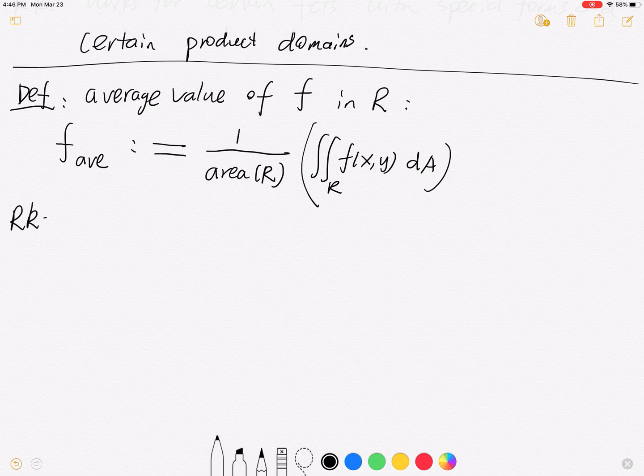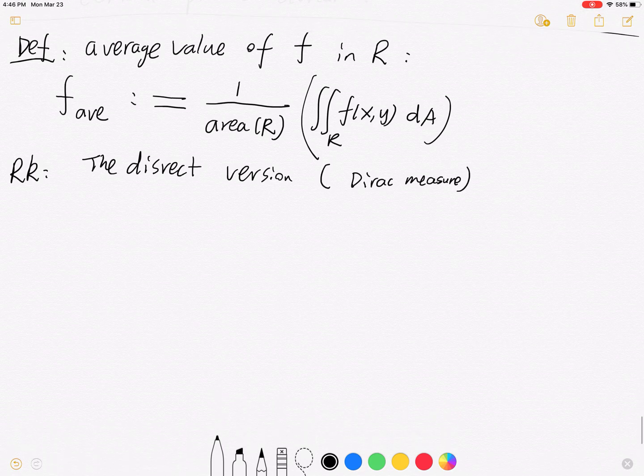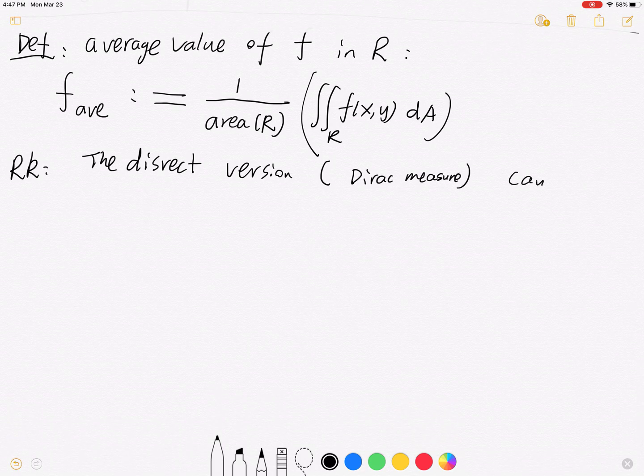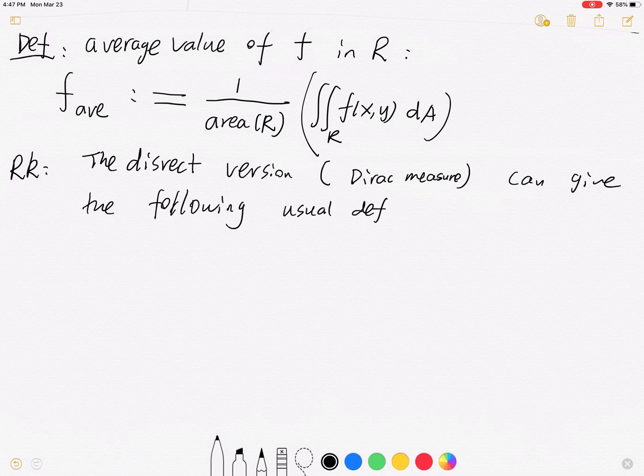And a remark is, if you know the discrete version, I will not tell you exactly what the discrete version means, but if you have interest, you can search online on Wikipedia, it is called the Dirac measure. It can give the usual definition of average.